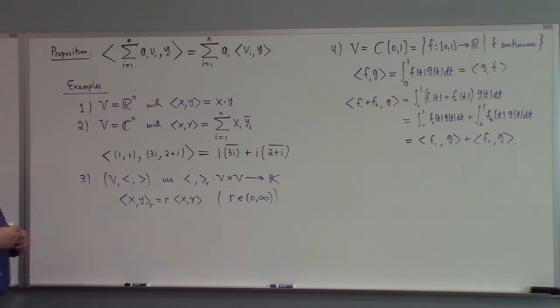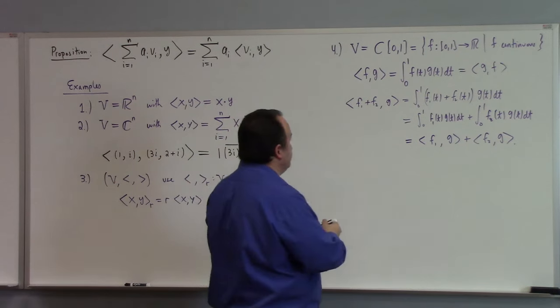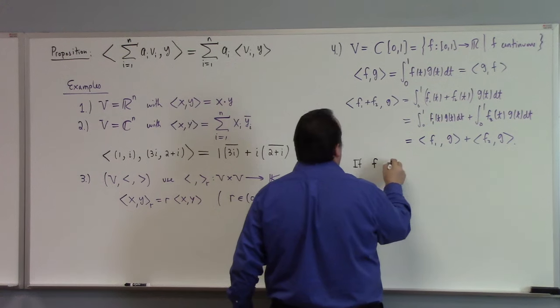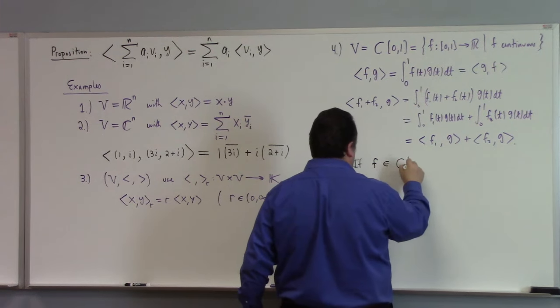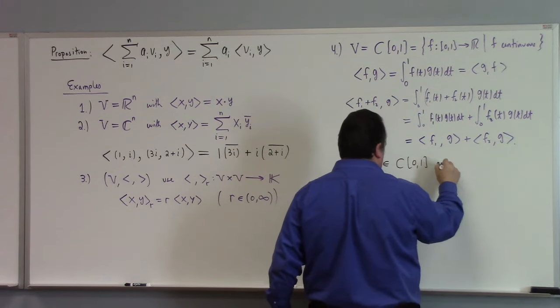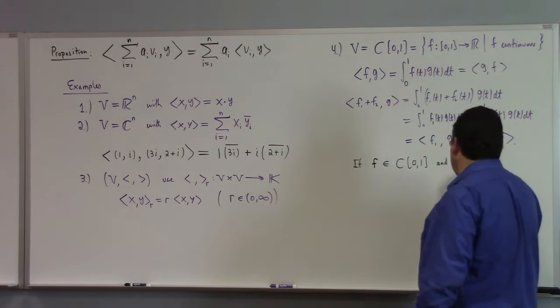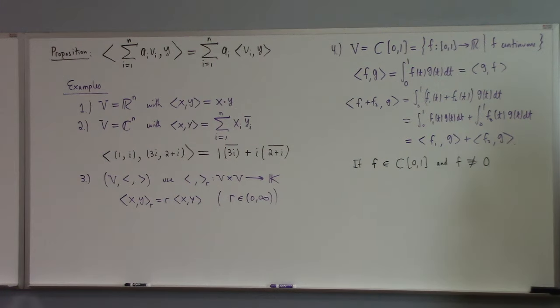If we have a continuous function, right? If f is an element of C[0,1], and f is not identically 0. This means that there exists at least one point, right?